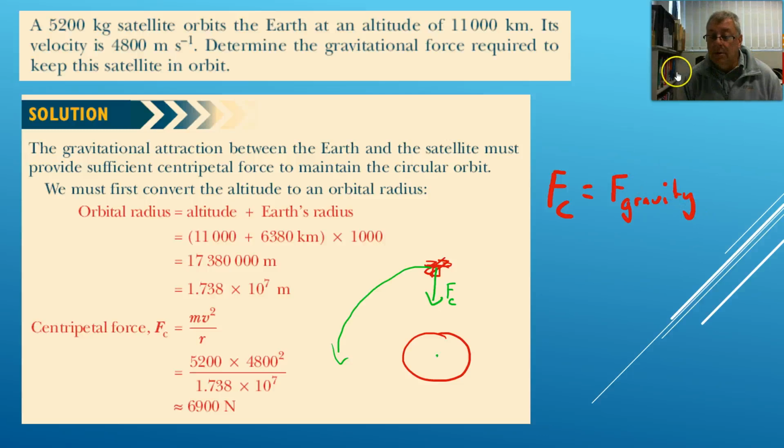Nothing else is holding on to them, and so we could have calculated this using G m1 m2 on r squared, where the first mass would be the mass of the satellite, the second mass is the mass of Earth. This is the radius of the orbit, remembering this value over here, and we could work it out, and the two would be the same.